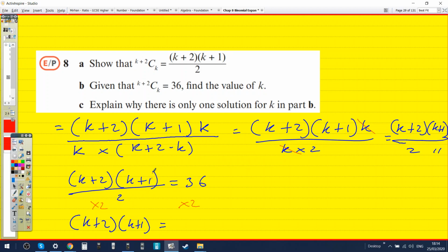The left one or the right one? Both? Are you asking me how to times 36 by 2? No, on the left side. Would you put it on both of the brackets? You could. So if you put that times 2, what would happen there?